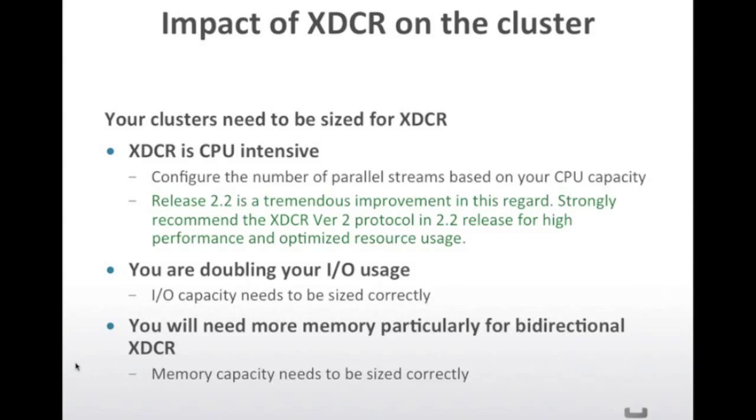It provides really high performance and much better optimization of CPU and other resources. But you are using a lot more resources in general, so you would want to size your cluster for that. You need to provide the right memory, the right set of CPU. And typically the way it would work is, once you are ready to design your clusters, you would engage with our solutions teams to help with this process.